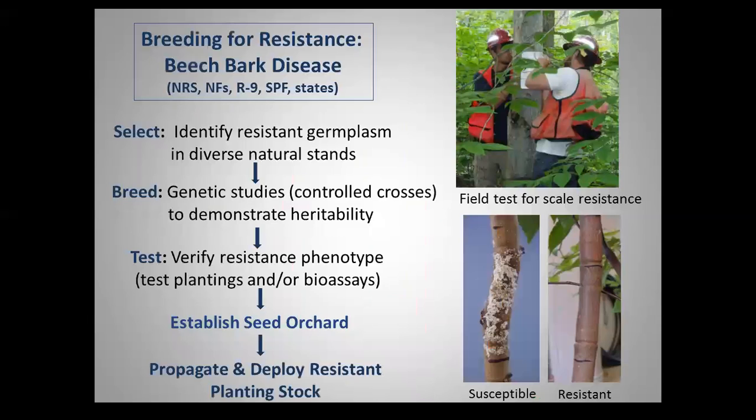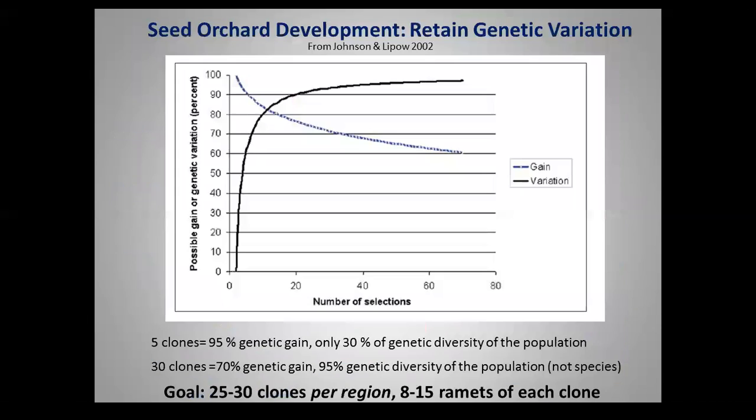So the next step in the process, now that we've done the genetic studies and confirmed that we can enrich resistance through breeding just by pooling together resistant parents, is to start establishing seed orchards. So again, we want to focus on retaining genetic variation.